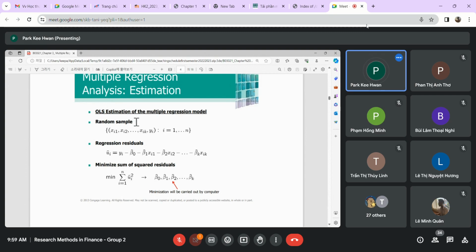Okay, so first we have the random sample, i from 1 to n. So we have n different, independent families. And for each family, for example, we have the observation. Maybe this is workers, for example. So suppose that we have a sample of n independent workers.